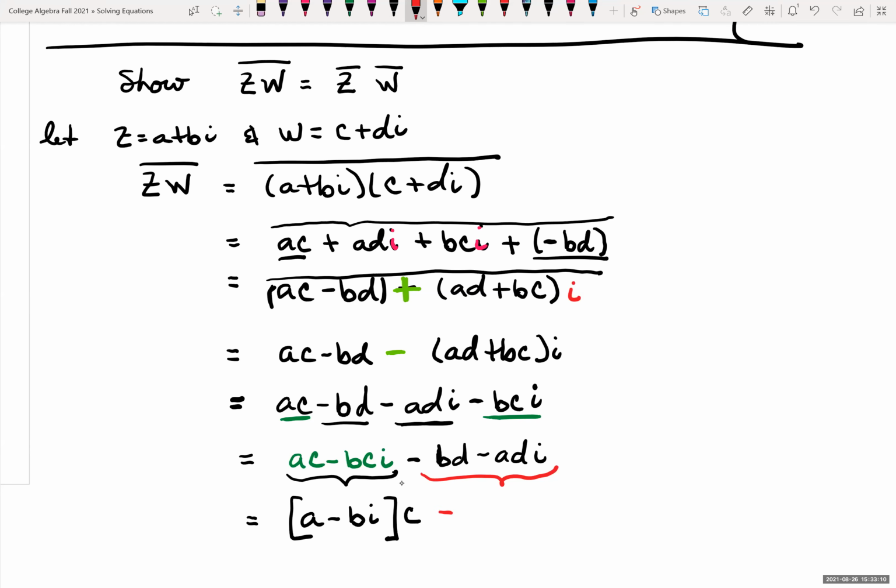So let's pull out a minus DI. I'm going to put it on the left for some reason. If I pull that out, I'm left with B minus AI.